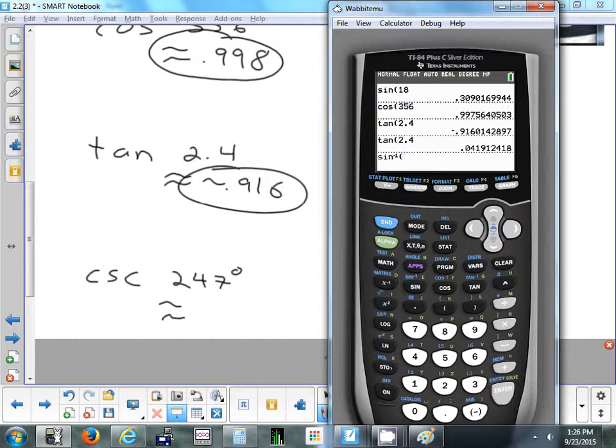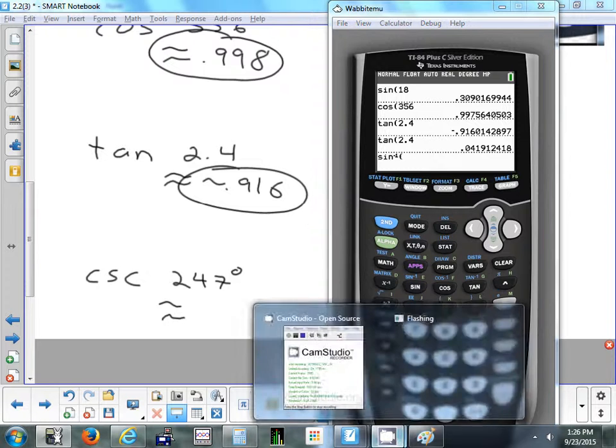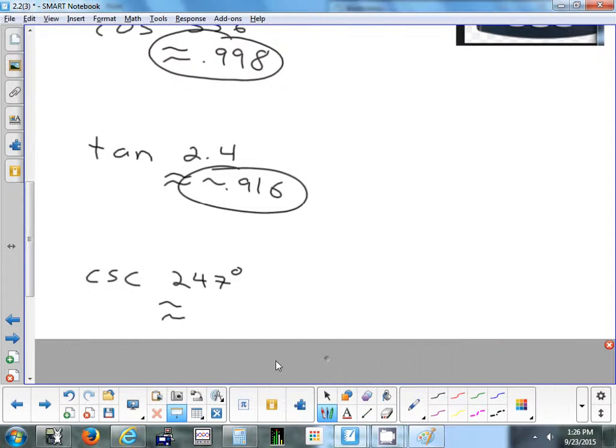Anybody have another guess how we can do cosecant? Think about how we've been doing it all week. Which trig function did we flip to get cosecant? That's the idea we're going to use here.